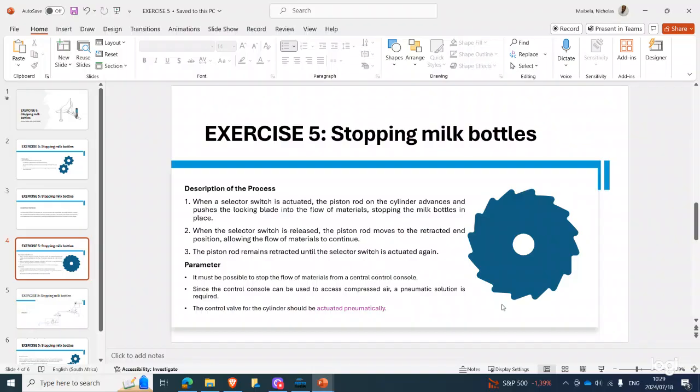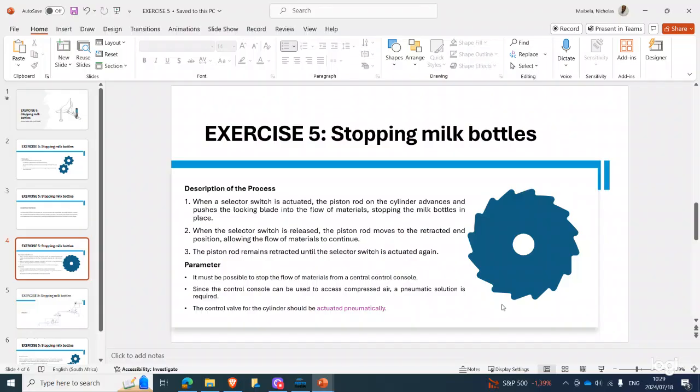There's supposed to be a component that allows air into our cylinder, and we'll be using the push button as a way to signal to that intermediary component to open up so as to allow air into the double acting cylinder.